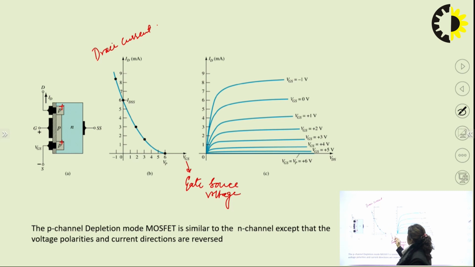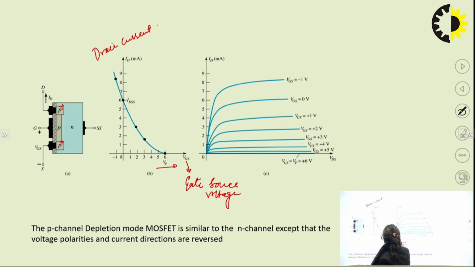As we increase the voltage VGS up to the threshold voltage, it will not work, but after the threshold voltage the MOSFET will work, and the current keeps on increasing. If you see the difference between the N type and P type depletion MOSFET, the characteristics are similar but reversed.